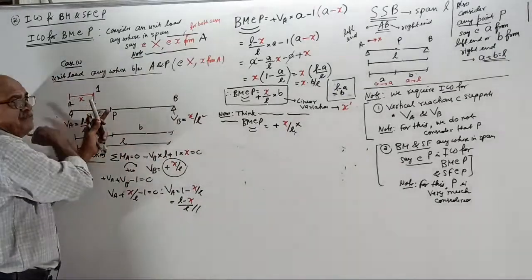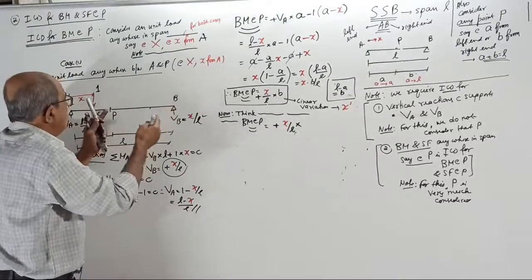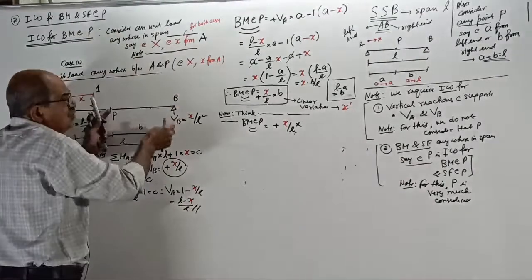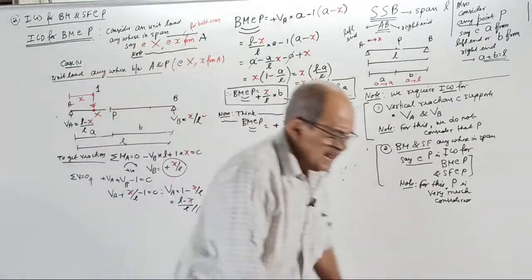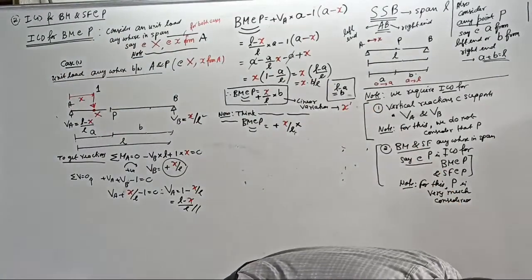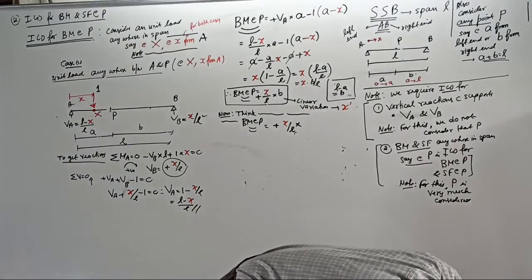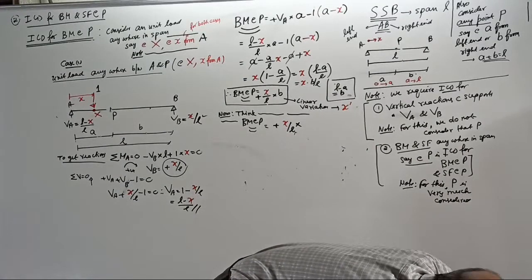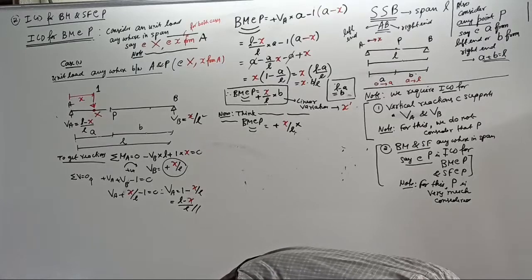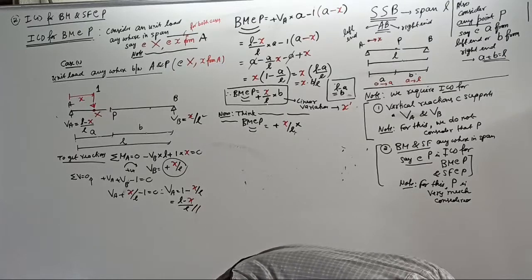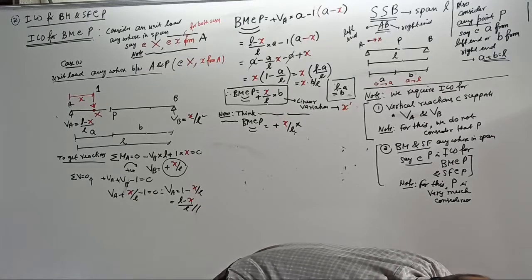Suppose instead of looking left side, if I look right side, your bending moment will come X by L into how much? If I look right side, X by L into how much? You have to tell the answer. For BM at P, you look right side.